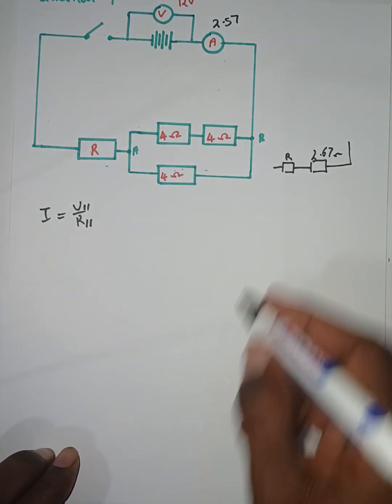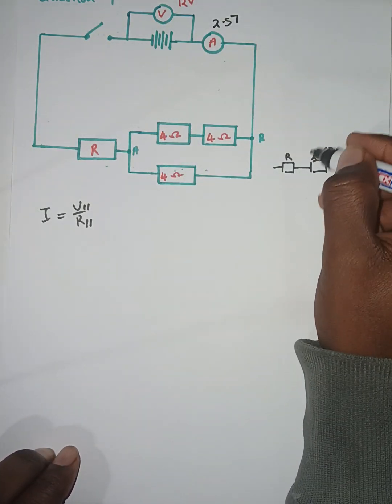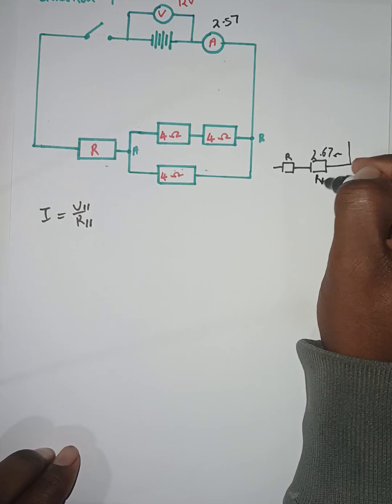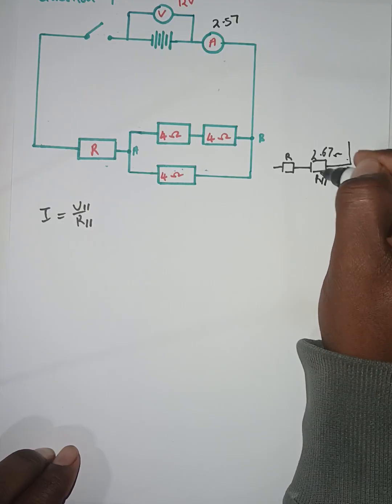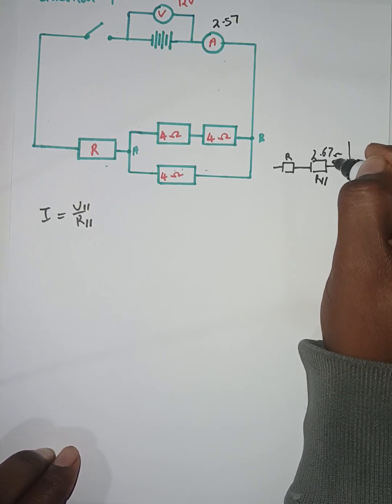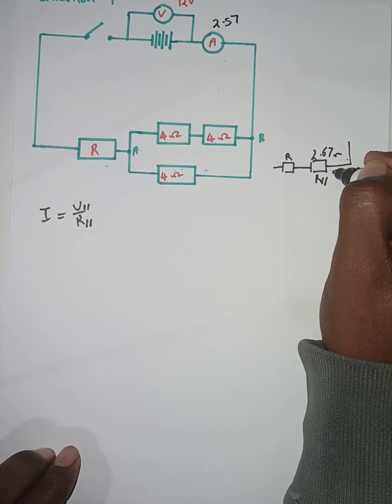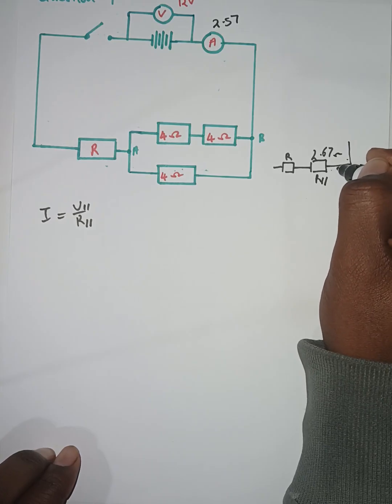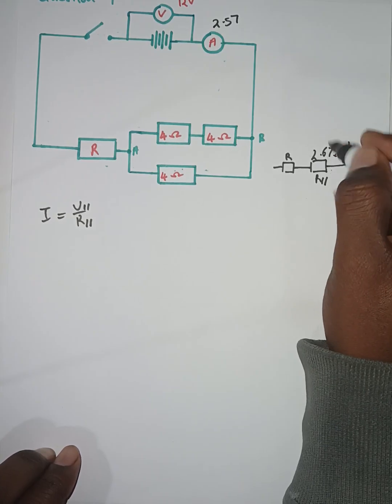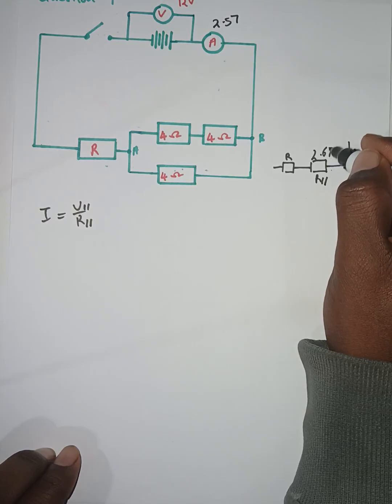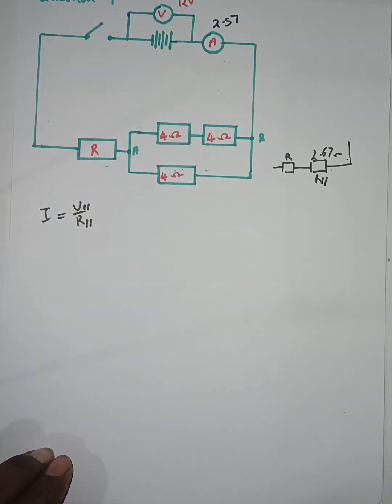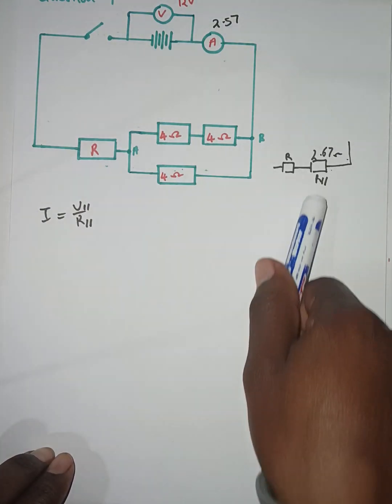So what I did was to calculate the voltage across this R parallel. The current that would be passing through that resistor would be the total current, so we know the current passing through our R parallel. So I calculated the voltage across our R parallel.